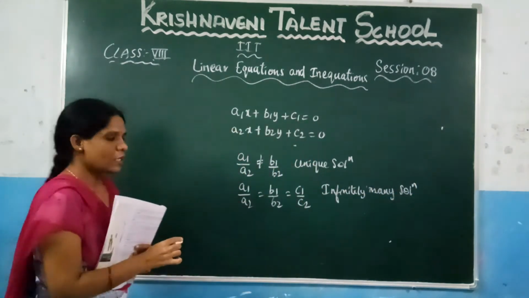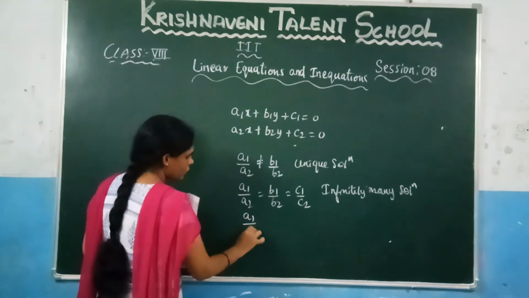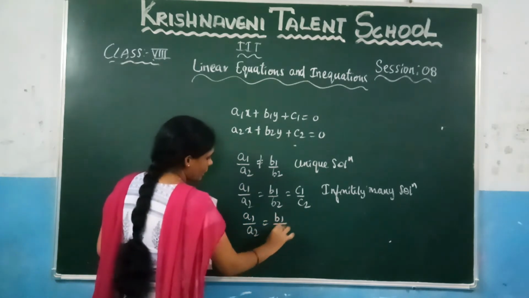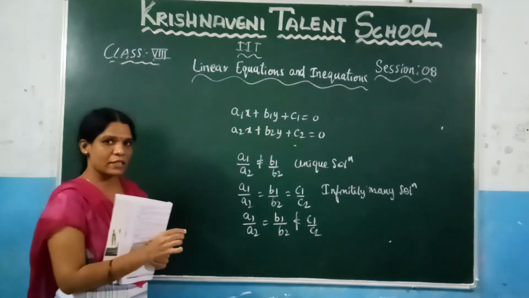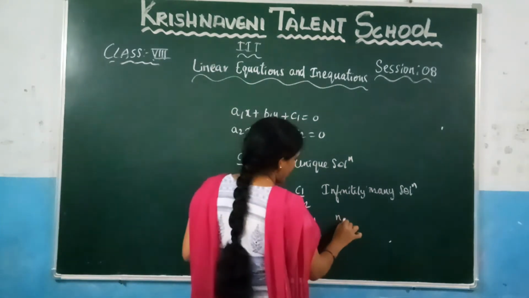And the third one, if a1 by a2 is equal to b1 by b2 is not equal to c1 by c2, then those linear equations have no solution.